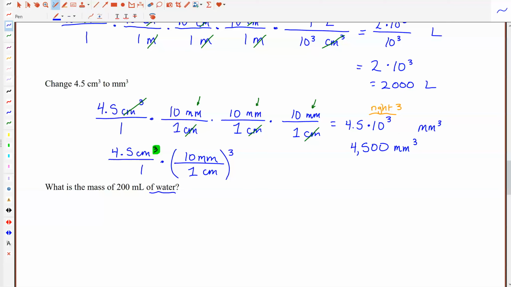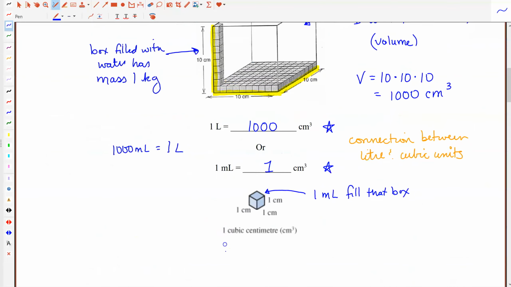If you go back to some of your previous definitions, we had said that a liter was the same thing as the volume of 1 cubic decimeter of water, or 1 liter was the same thing as 1,000 cubic centimeters. We also said that a kilogram was the mass of that box. So let's go back and take a look at that real quick.